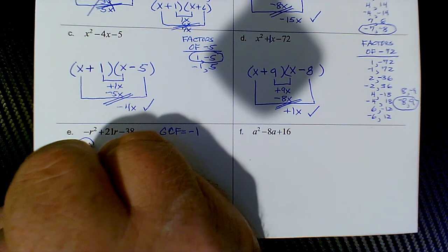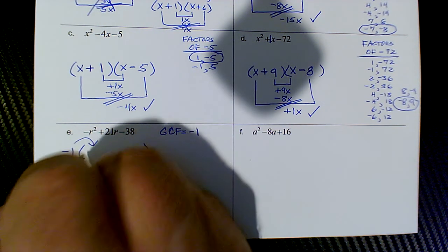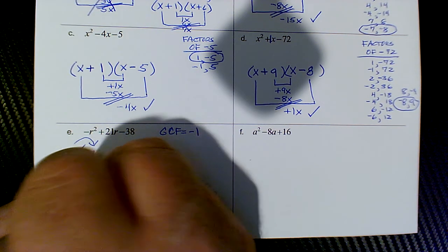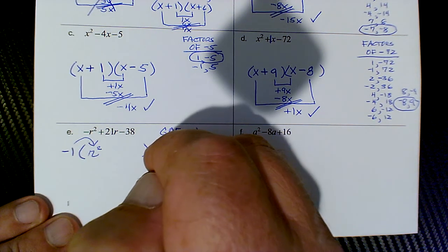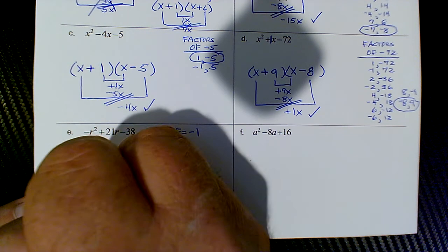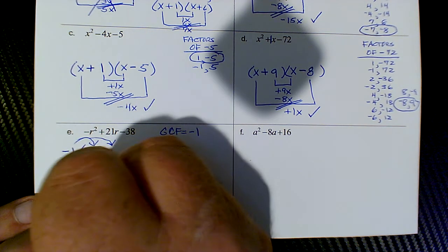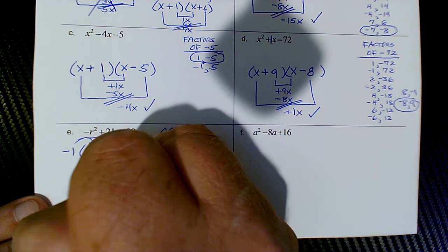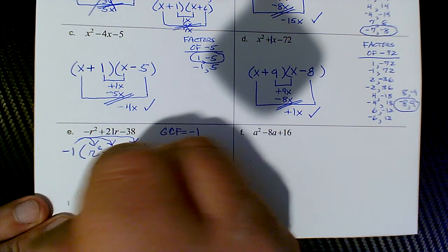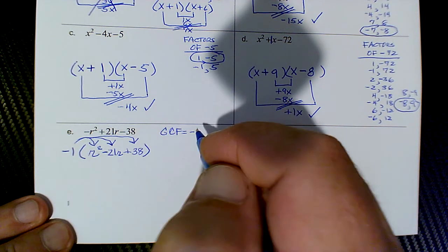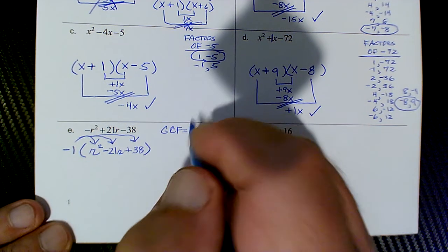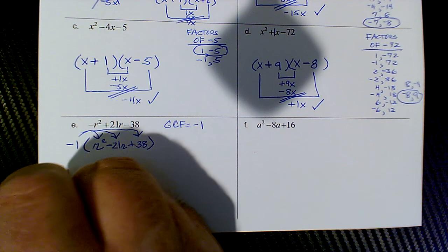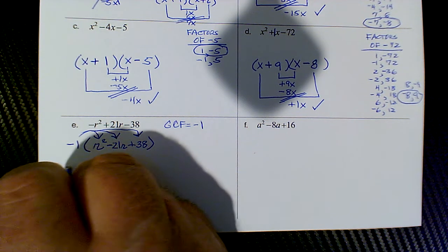It basically just changes the sign of each of these terms, because a negative 1 times a positive r squared gives a negative r squared. A negative 1 times a negative 21r gives a positive 21r. And a negative 1 times a positive 38 gives a negative 38.